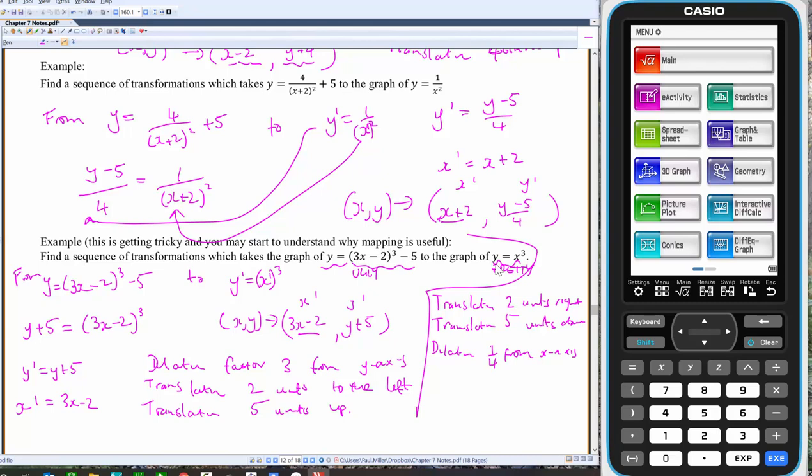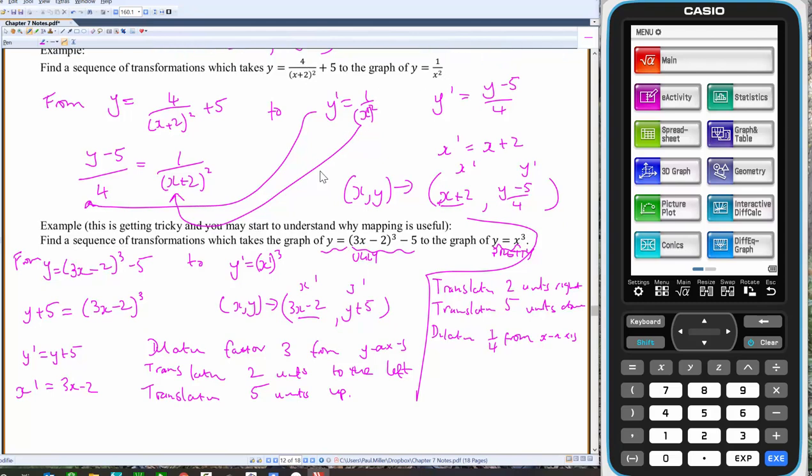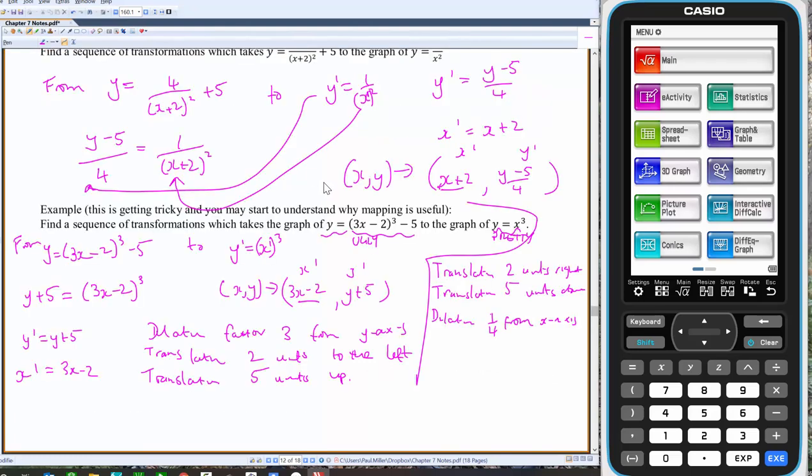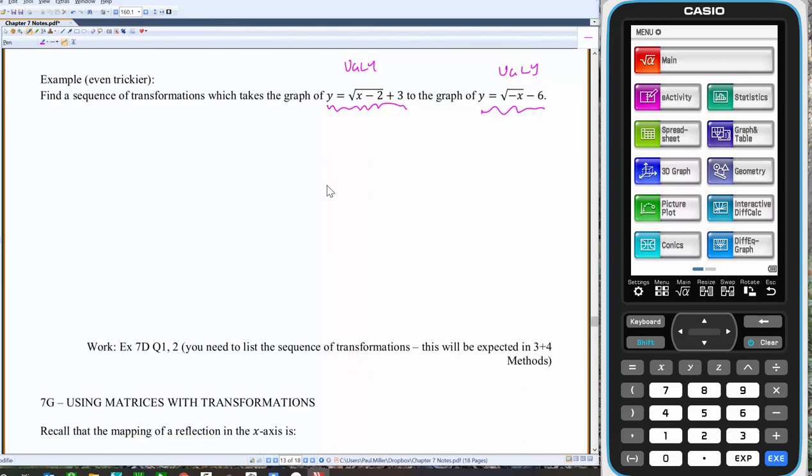So we're going from ugly to pretty or ugly to basic. These examples are all examples of ugly to pretty, going from transformed back to basic. And there's another one that's not actually in the notes, when we go from pretty to ugly. I might actually do an example of that so you can slap that in your notes as well.